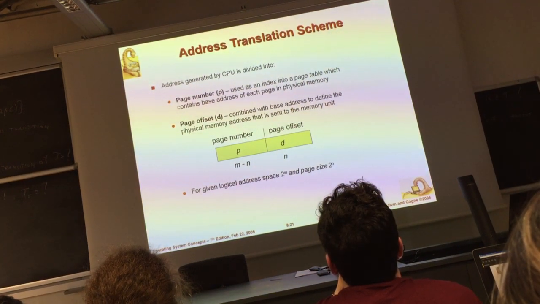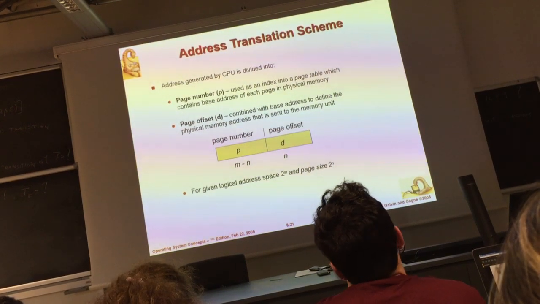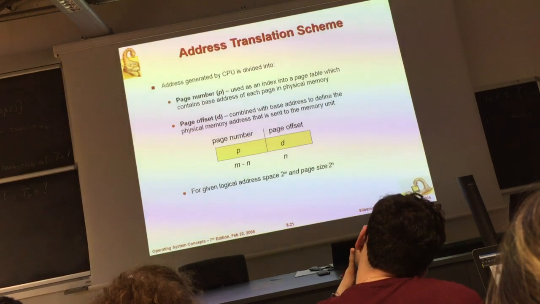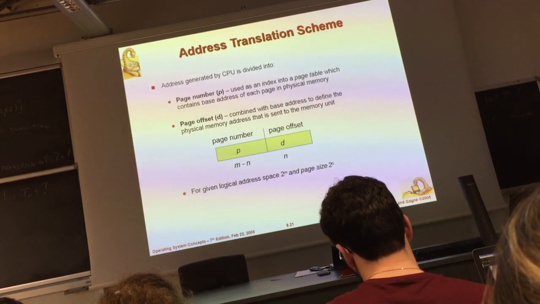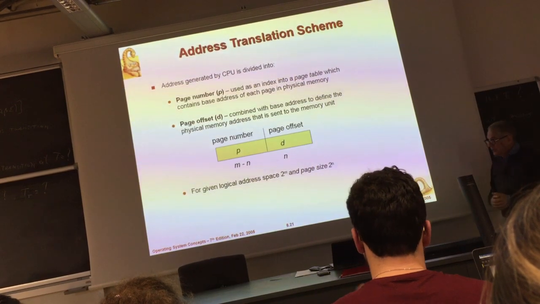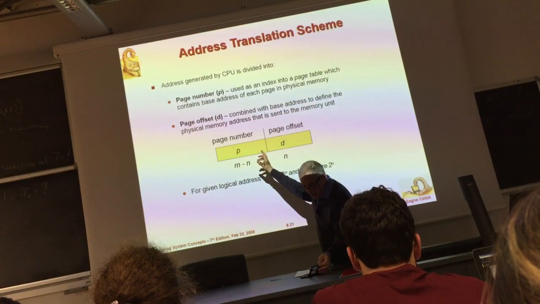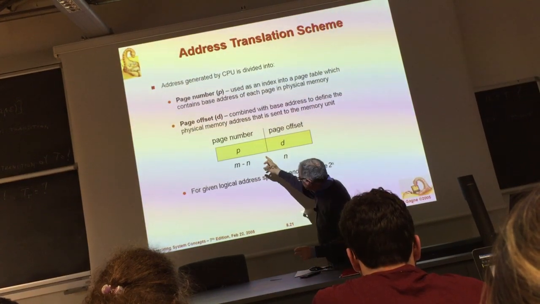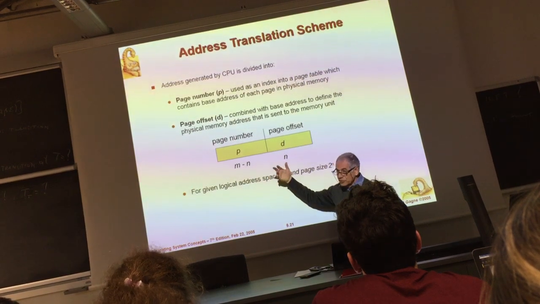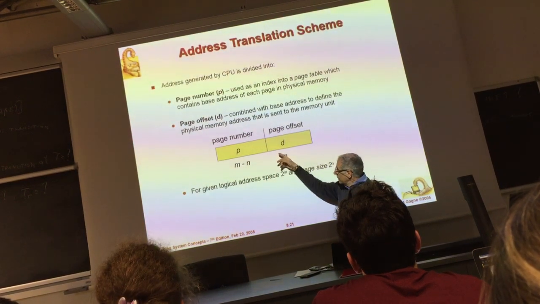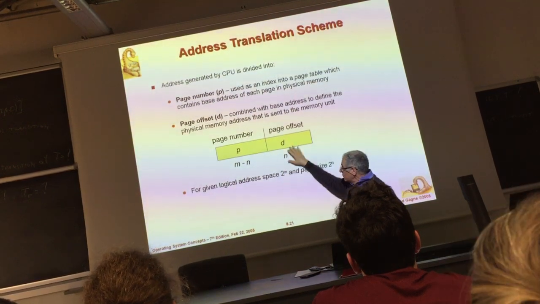Because the address generated by the CPU is interpreted by the memory management unit in this way. You have a first field devoted to the page number, and the second field that is the page offset.